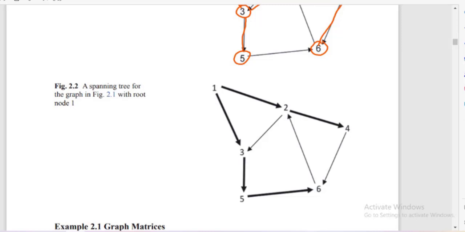It's your favorite to select your tree, and it's not necessary that two persons select one unique tree. The spanning tree is not unique for a graph.